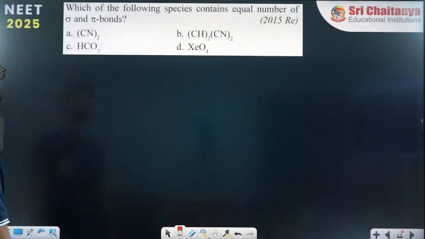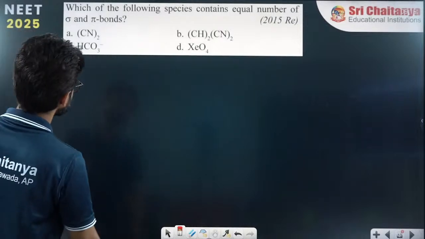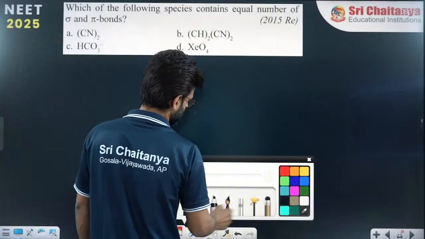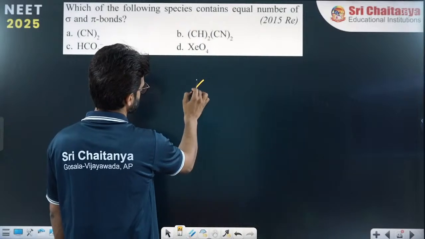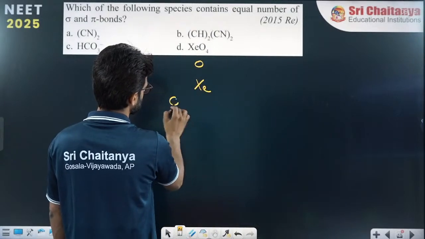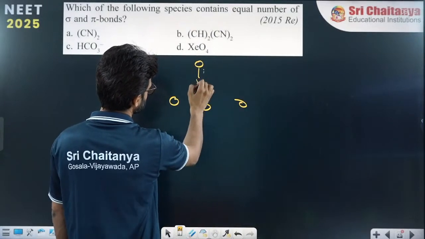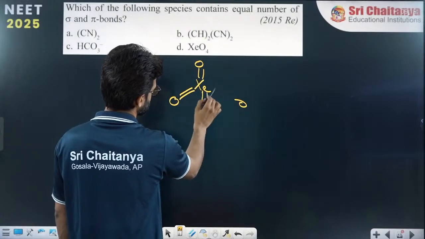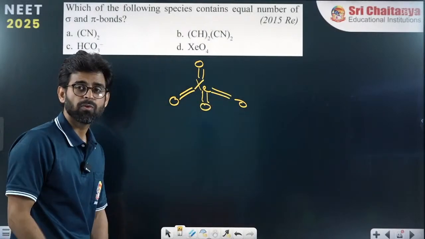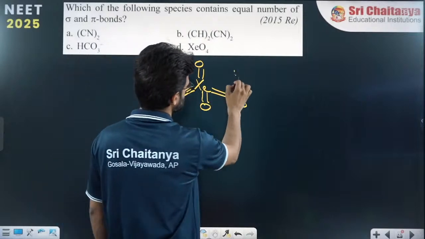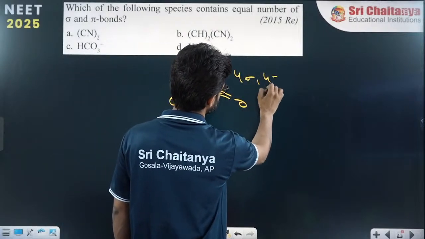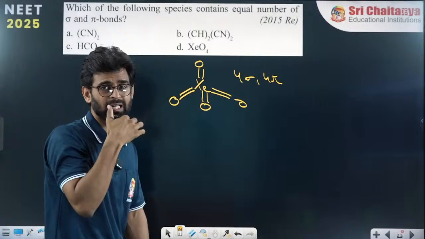Next thing is, which of these has an equal number of sigma and pi bonds? We can check it. Look at the structure. The structure of XeO4, if I draw it here, definitely we have to draw structures for this. XeO4 has 4 sigma and 4 pi bonds. You check here, 4 sigma, 4 pi, it is sp3 hybridized and tetrahedral in shape.